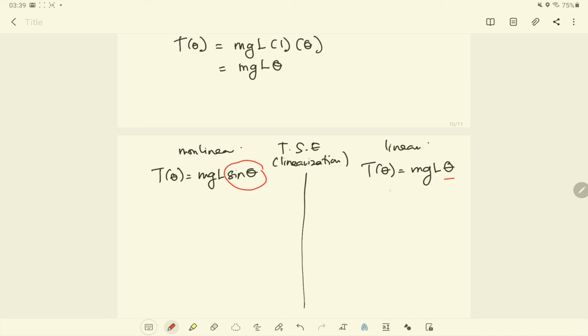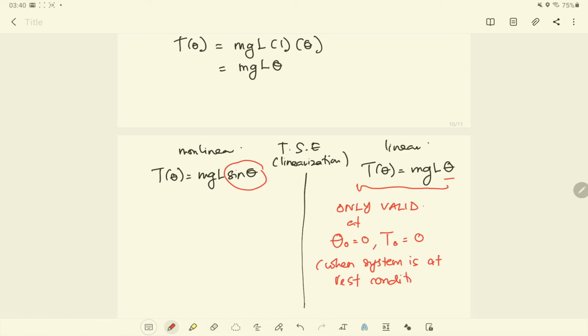And this function is only valid at theta naught equal to 0 and T naught equal to 0, when the system is at the rest condition.